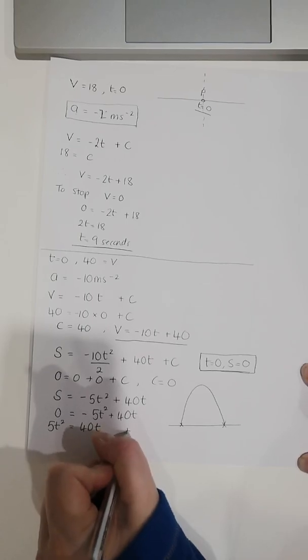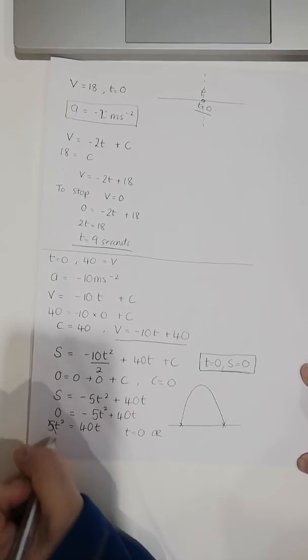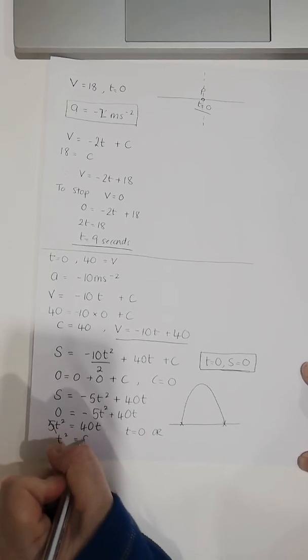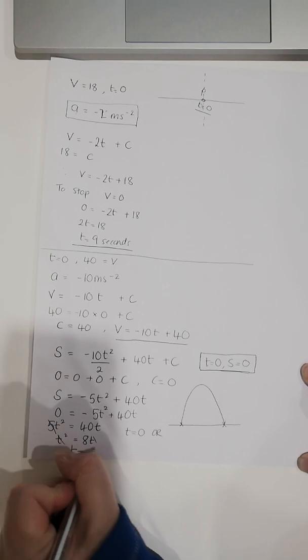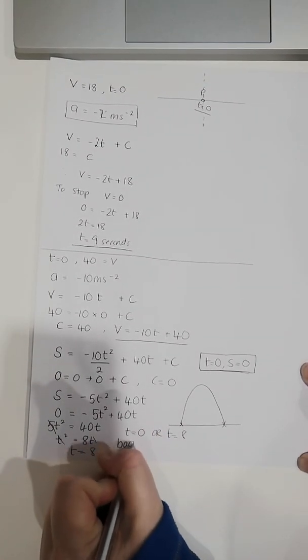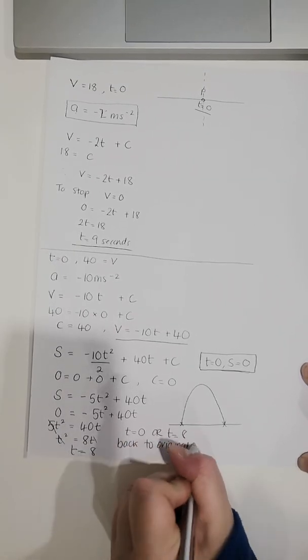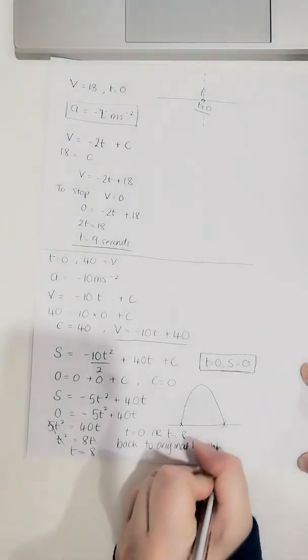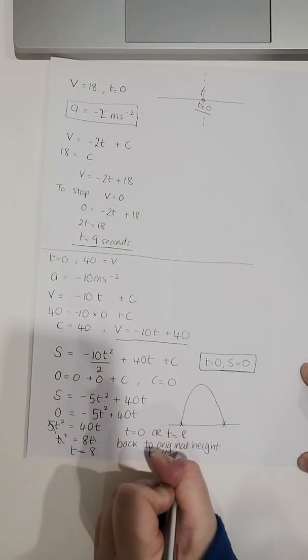So it could be either t is 0 or divide by 5, divide by t, t is 8. So t is 0 or t is 8. So back to original height, t is 8 seconds.